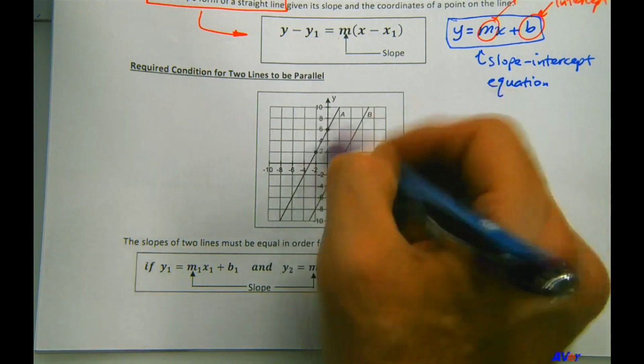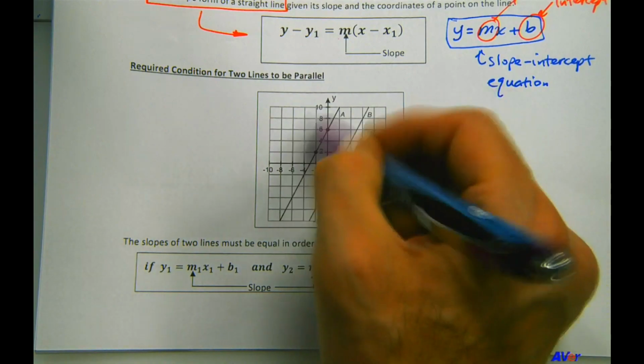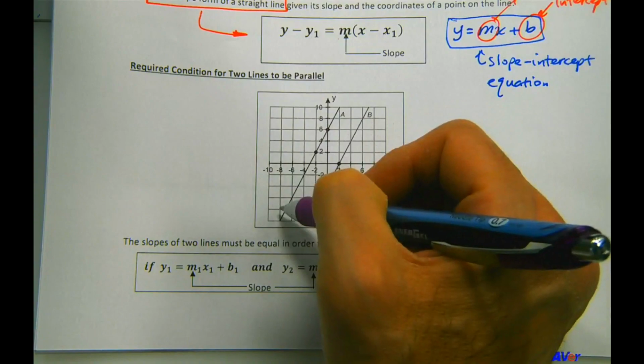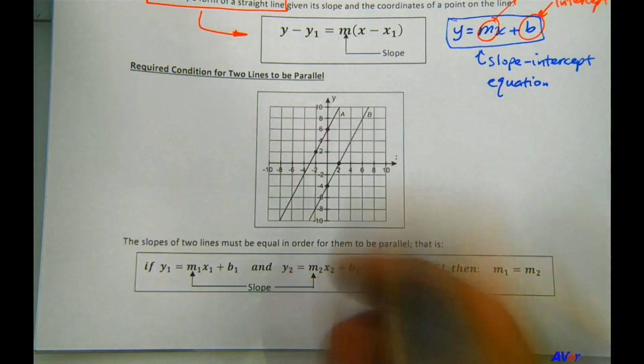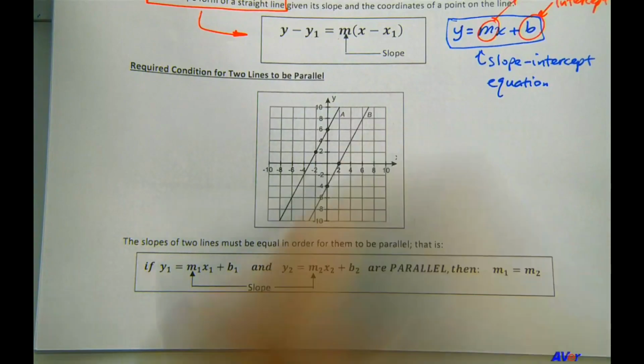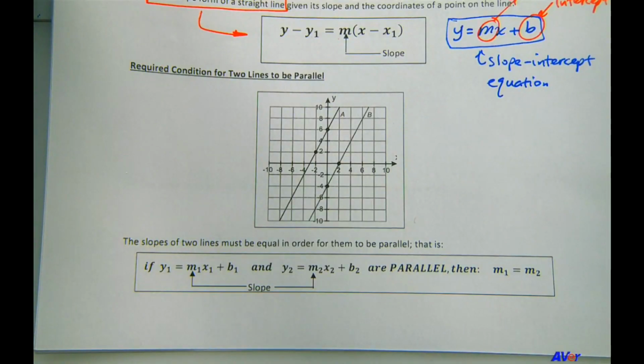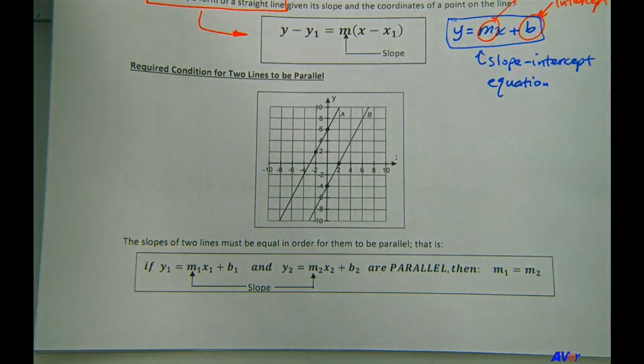There are infinitely many lines that can be drawn parallel to this one. So every time you're asked to find the equation of a line that is parallel to some line, you always get the information about what point the parallel line must be going through. Because if they don't give you that point, then you have infinitely many lines to find.